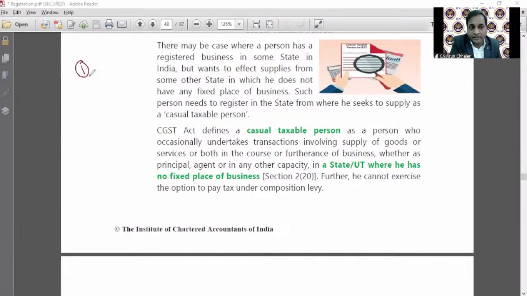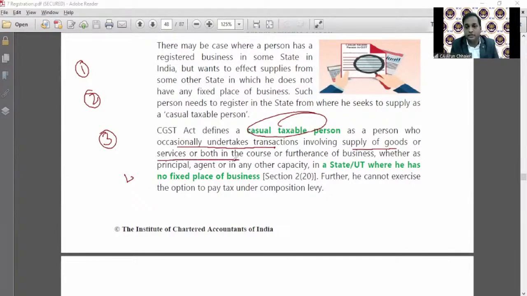What is the benefit under the CTP category? I'm explaining certain points. This is the same for CTP and NRTP. Casual taxable person means a person who occasionally undertakes transactions involving the supply of goods or services or both, whether he is acting as a principal, agent or in any other capacity, in a state where he has no fixed place of business.